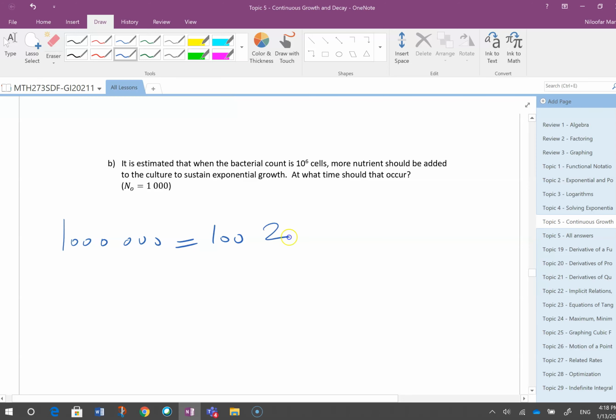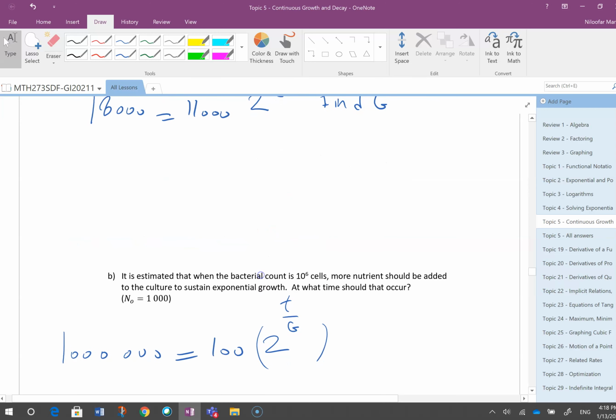2 power t over g. What is g? G is from the first part of the question.